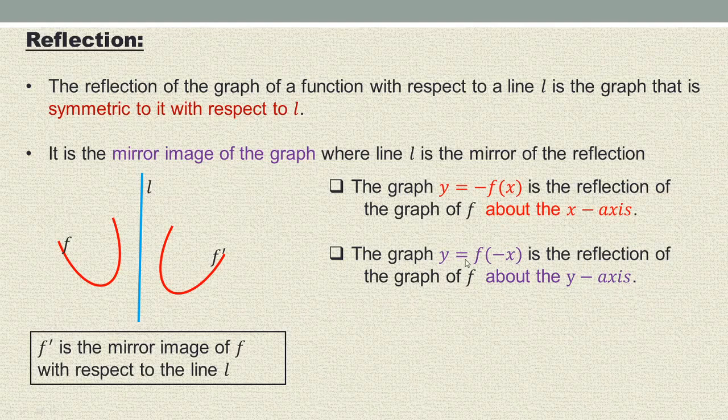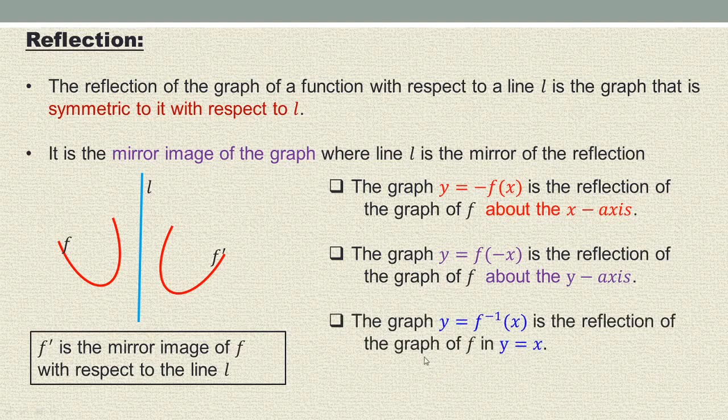If the minus is inside the function, the reflection is about the y-axis; if it is outside, minus f of x, it is about the x-axis. And the graph y is equal to f inverse of x is the reflection of the graph of f in the line y is equal to x. Clear? So this is all about reflection.